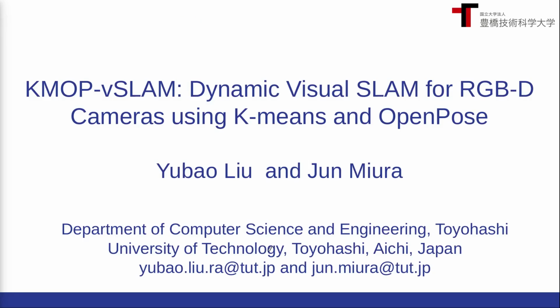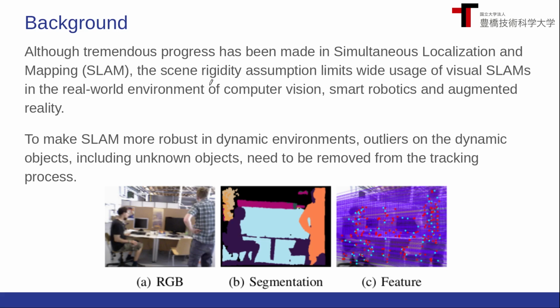Today I would like to share this paper, KMOP-vSLAM: Dynamic vSLAM for RGB-D camera using KMOP and OpenPose. Although tremendous progress has been made in simultaneous localization and mapping, the rigidity assumption limits wide use of vSLAMs in real environments.